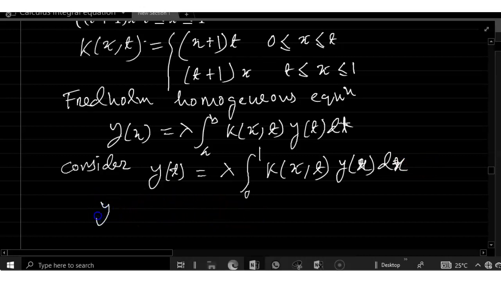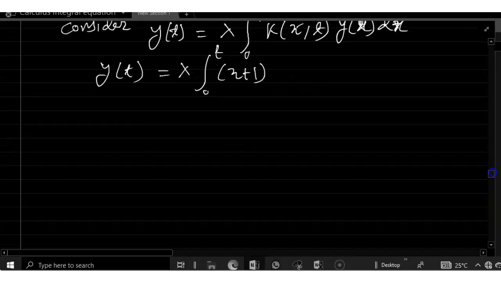So y(t) equals to lambda integral 0 to t of (x plus 1) into t into y(x) dx.